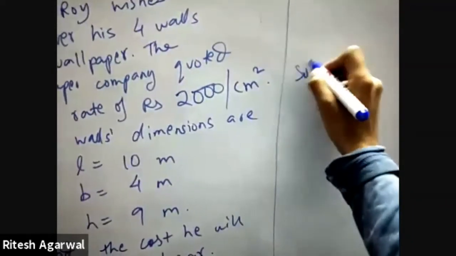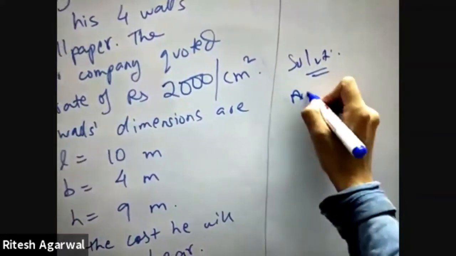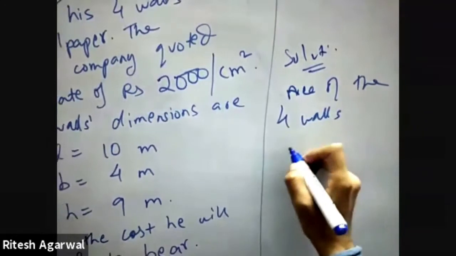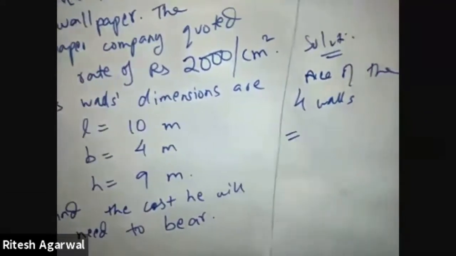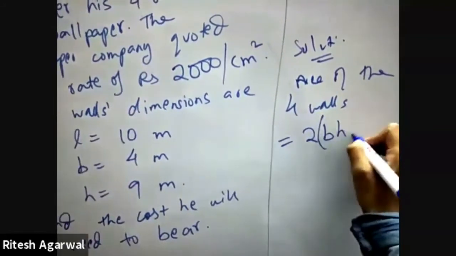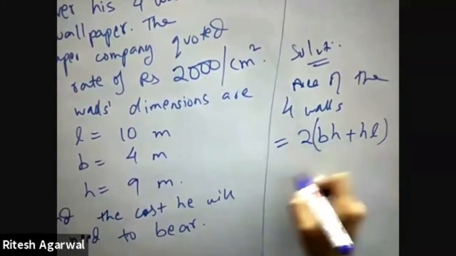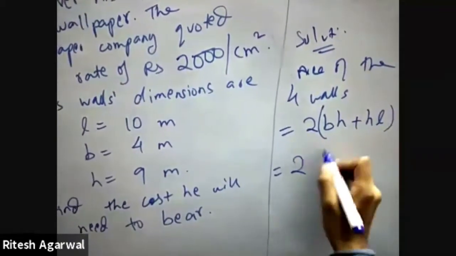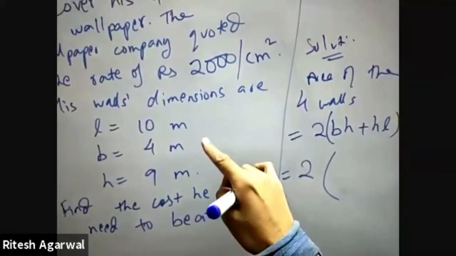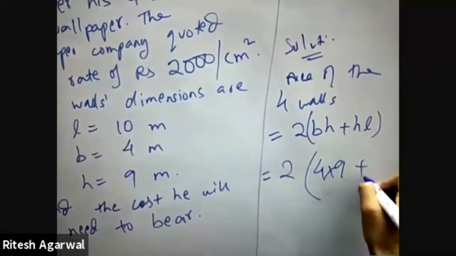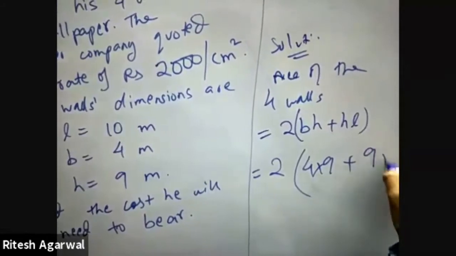So solution, area of the 4 walls of Mr. Roy is 2 into breadth into height plus height into length. I told you that in area of four walls you will take only height, which is equal to twice breadth into height, 4 into 9, plus height 9 and length 10.